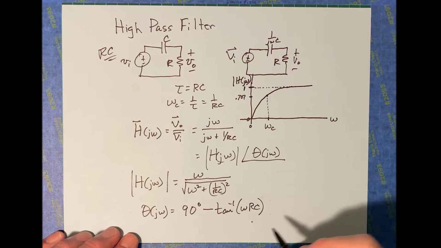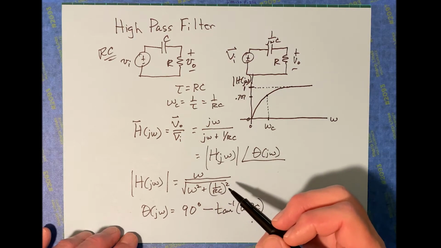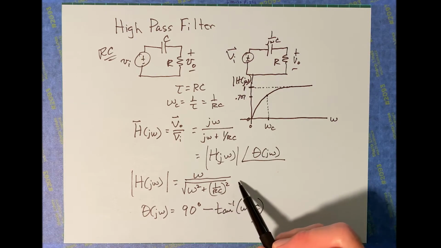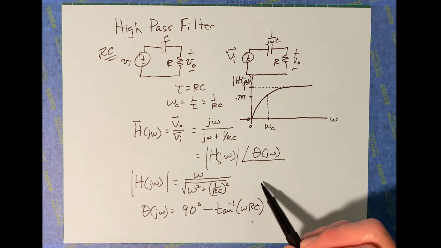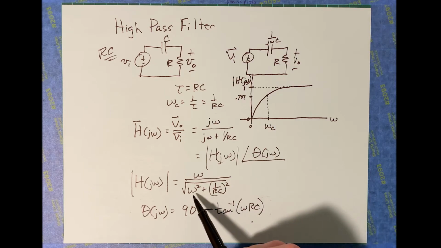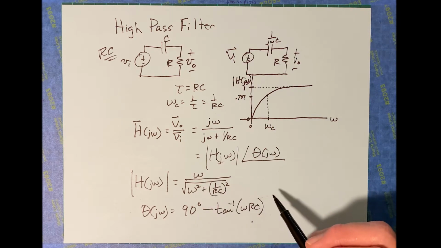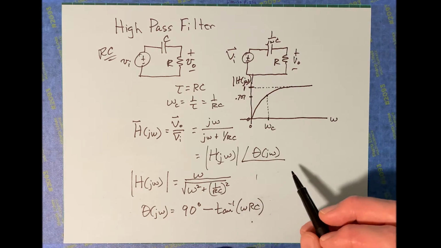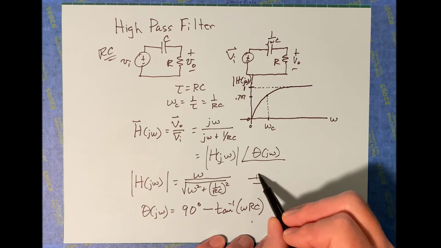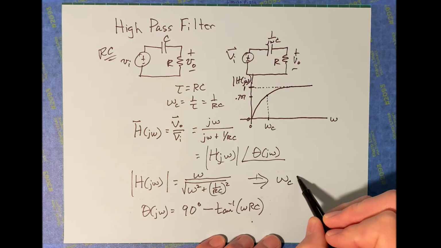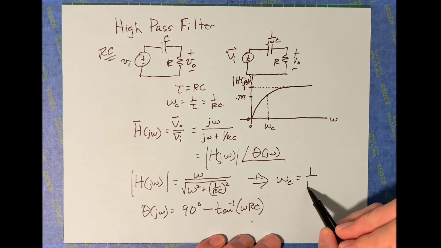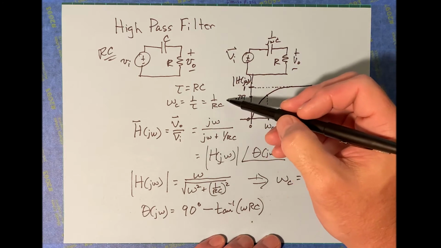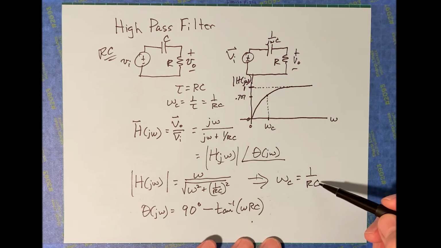Okay, now you go through the process once again of setting this equal to 1 over square root of 2, solve for omega out of that, and that would be your cutoff omega, because you're setting it equal to 0.707. So when you do that, you end up with omega sub c equal to 1 over RC, which is exactly what I told you it would be.